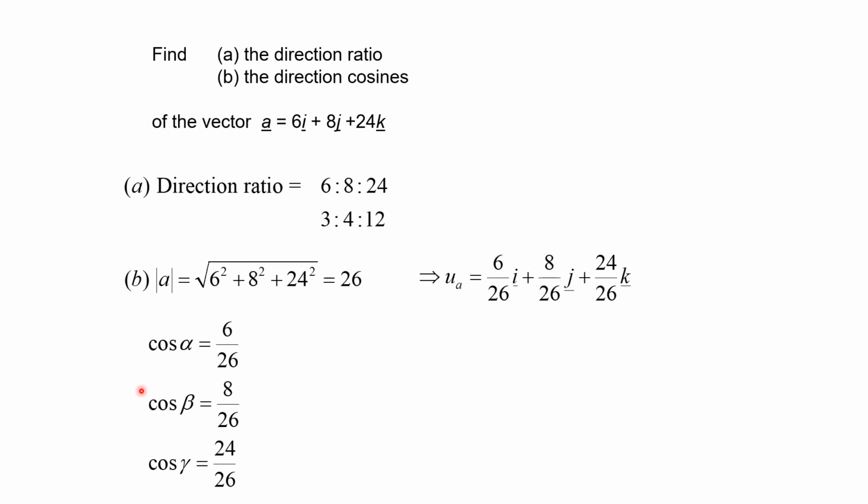And because this is the unit vector for A, 6 over 26 represents cos alpha, 8 over 26 represents cos beta, and 24 over 26 represents cos gamma.